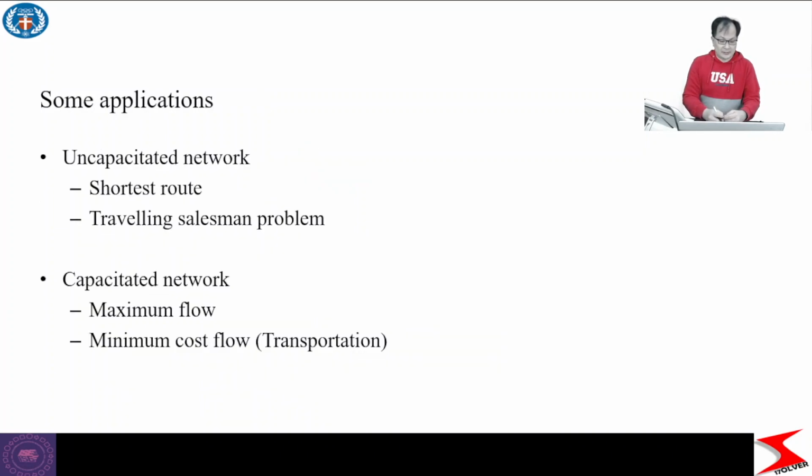For the uncapacitated network, there are the shortest path problem or the traveling salesman problem called TSP. The capacitated network includes the maximum flow problem or the minimum cost flow problem, which is the transportation problem. And in this lecture, I will talk about the transportation problem first.